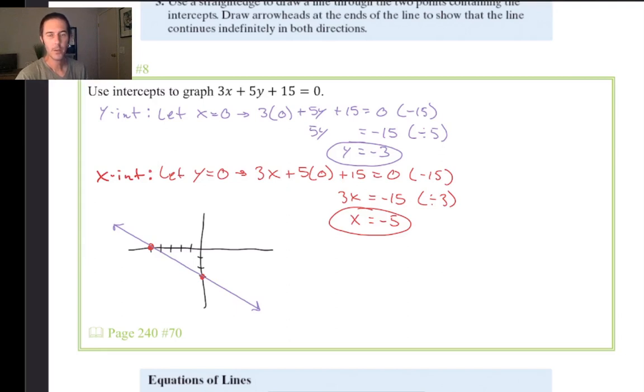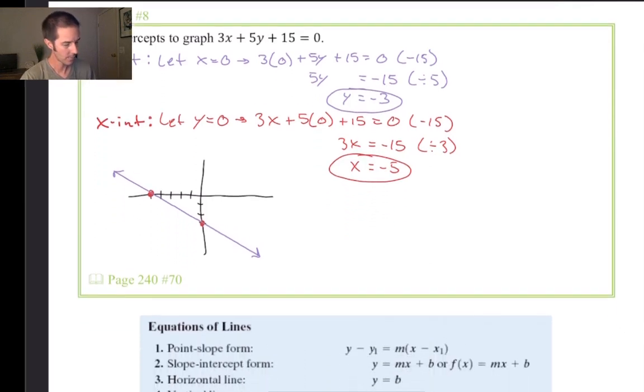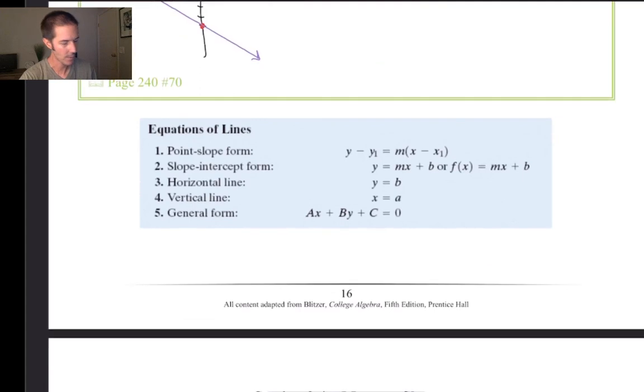But if you're using an online software in order to complete a homework assignment and the instructions tell you to use the intercepts in order to graph it, the software may very well be looking for you to click on exactly those 2 points. And if you click on anything else, it's going to say that you're wrong even though you've graphed the correct line. So do be careful and make sure you're following the instructions carefully and closely.